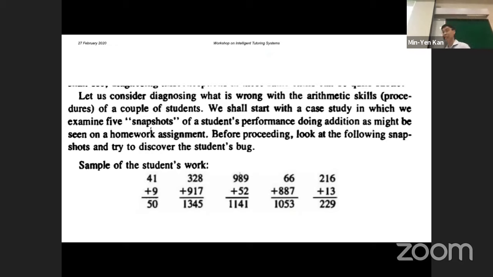So as ITS, you need to diagnose the understanding. How do you diagnose the understanding? These are addition problems, by the way. Oh, sorry, addition problems. So it's not subtraction, it's addition, correction.